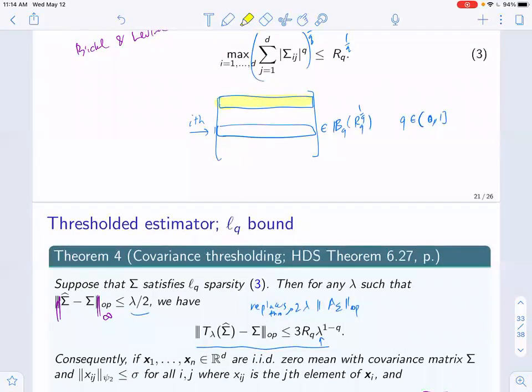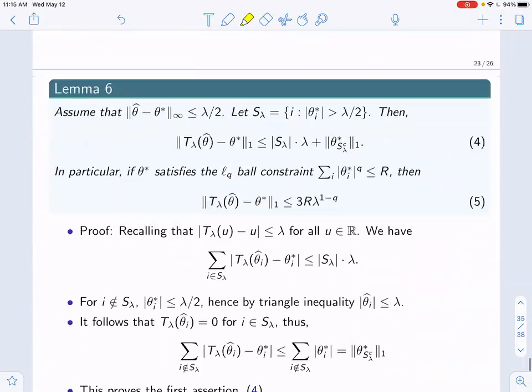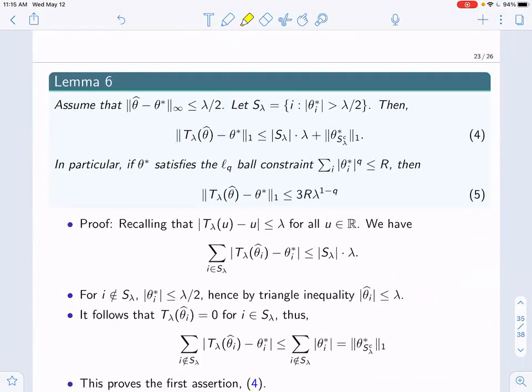And what I'm showing is that if you have vectors that are close to each other in infinity norm, and the vector is in an LQ ball, then the L1 norm of the thresholded version minus theta star is controlled. So how can we relate this type of result to bounding the operator norm of the covariance matrix? Anyone remember an inequality for the operator norm that can be used here?